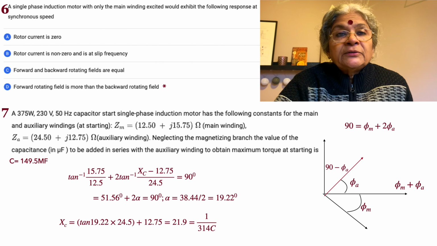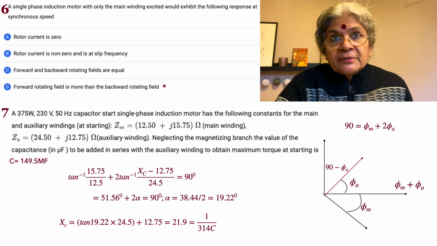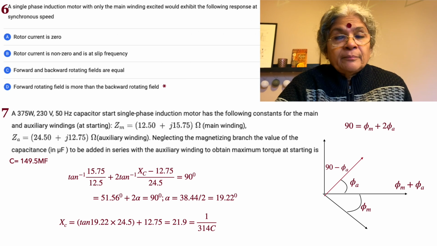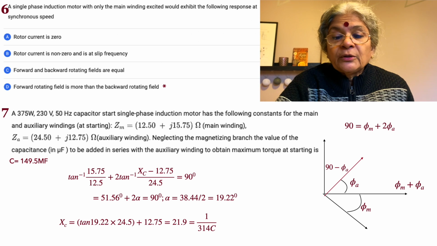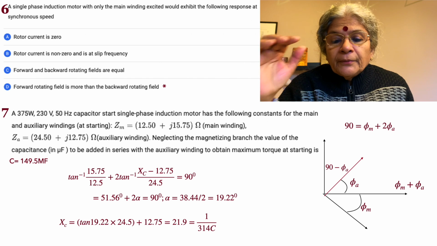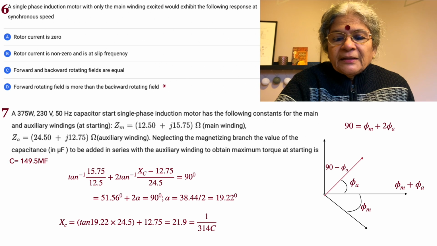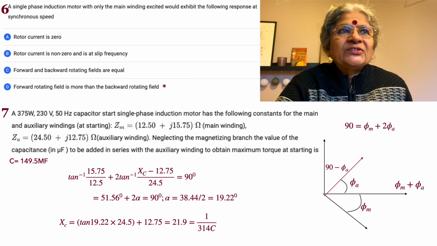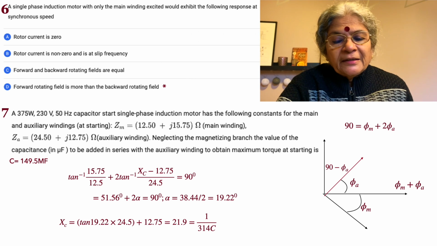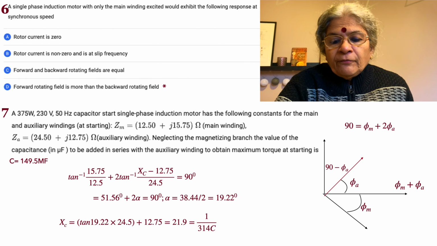Okay, so now a small vector diagram is given right beside such that this formula can be explained. And there's a formula which we will be utilizing. So we have the main winding, put with a lagging angle, because it's an inductive coil. So main winding is given as shown there with an angle phi m.